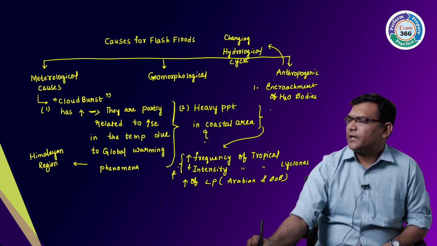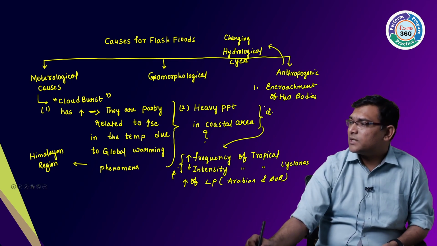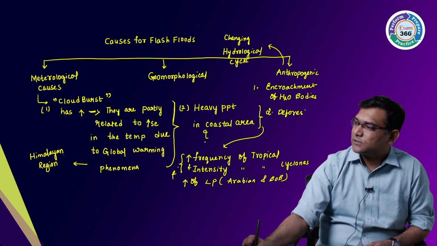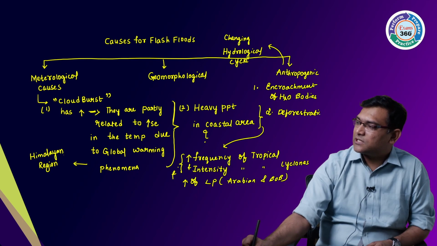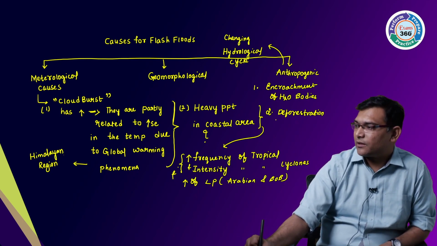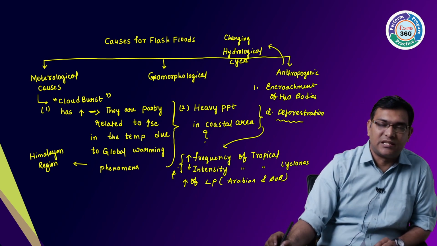So you can write n number of anthropogenic causes, encroachment of water bodies, then deforestation which is taking place, all these things which I already have discussed about the causes of flooding. So there you can write it. So cause for the flash floods is this.